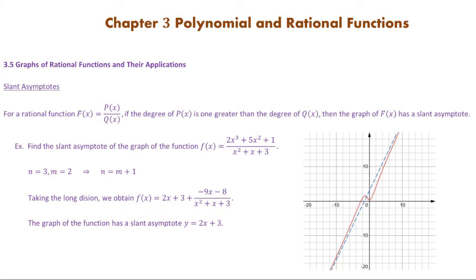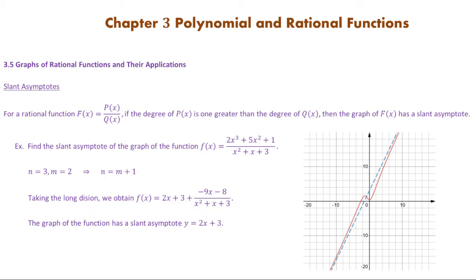So what you do is you just take the division. You do the polynomial division in this case. I hope you can still remember how to do the polynomial division. We discussed it in the first section, the very first thing we discussed in this chapter.